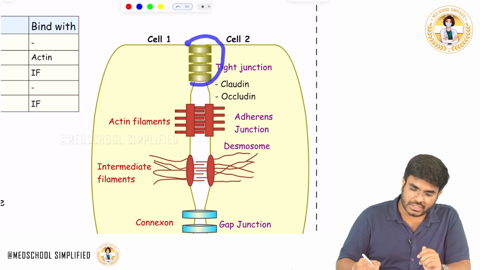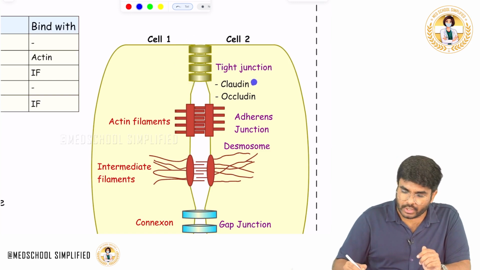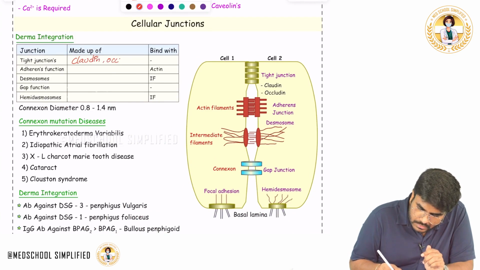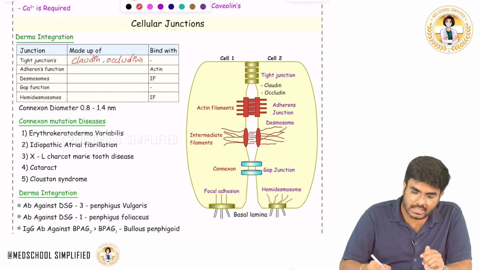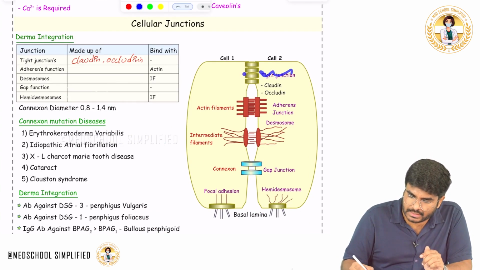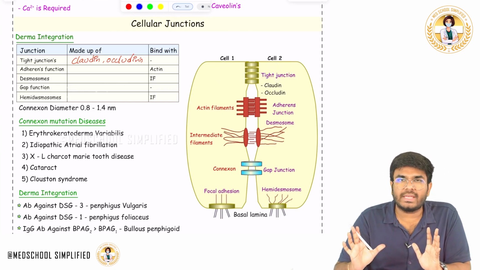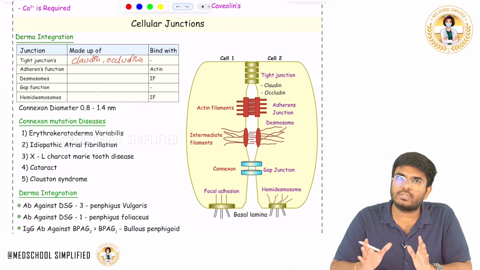They are made up of proteins called Occludens. Within the cell, they are not attached with any cytoskeletal filaments. They are just like a cement attaching two cells together.